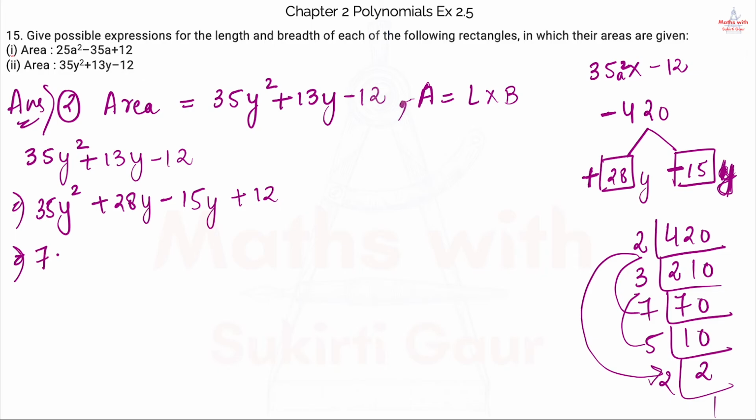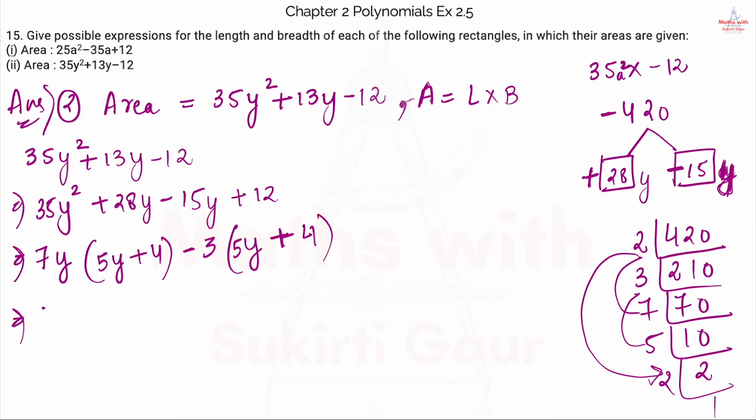I would take 7y common. This will be 5y plus 4 inside, and from the other two terms we would be taking 3 common, and inside we would be getting 5y plus 4, right?